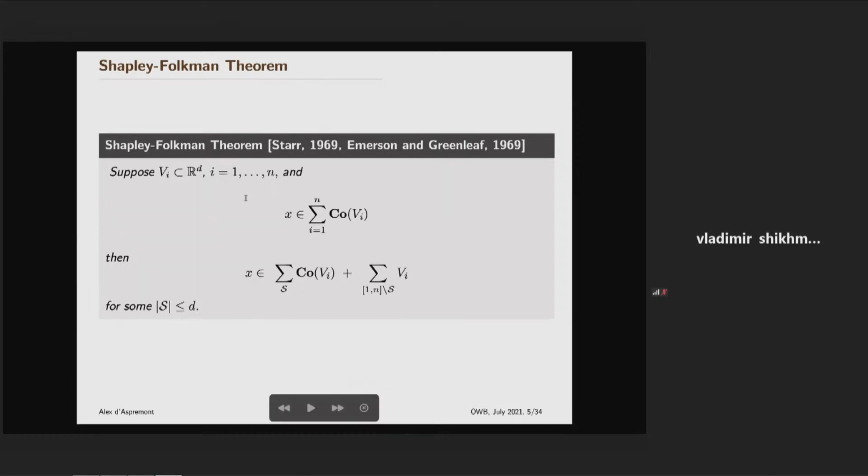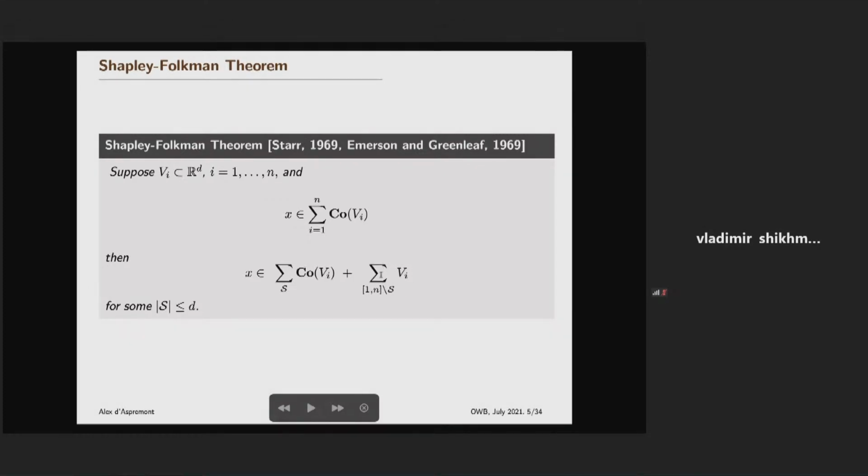What they show is that if you take n sets Vi in a space of dimension d, and you take a point in the convex hull of the Minkowski sum of these sets, then you can also write that point as the sum of d points in convex hulls of the sets Vi, and the remaining ones are in the original sets.